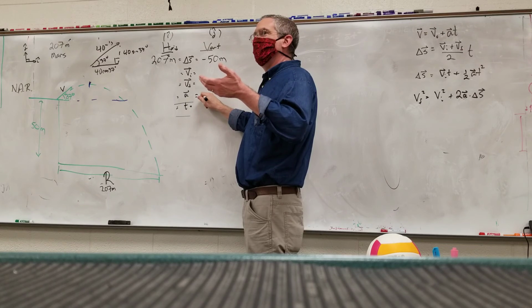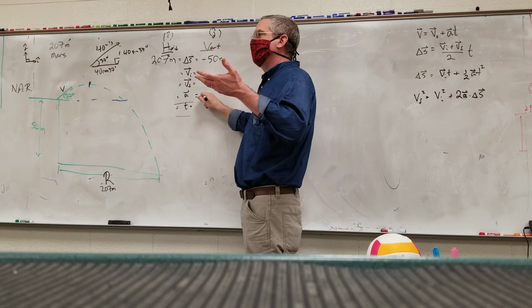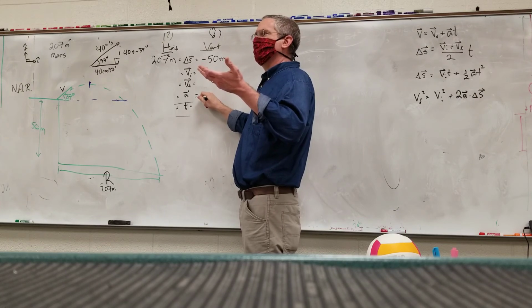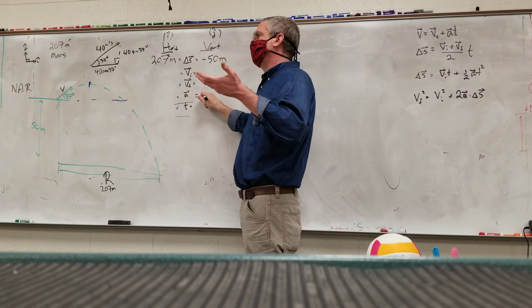I don't remember what I did on Mars. Austin, can you tell us? 3.2, 2.73. Oh, my goodness. That'd be the gravitational constant on Mars.